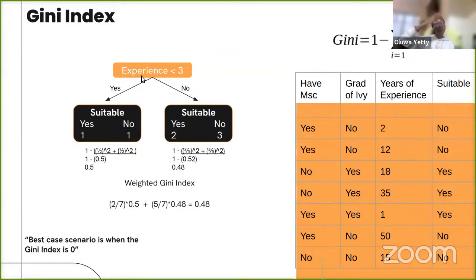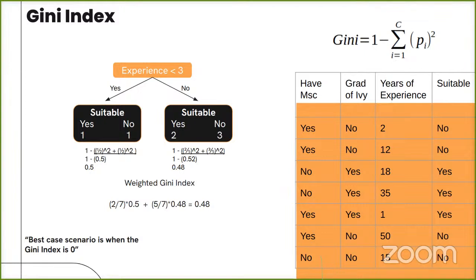It won't be confusing if I do many parts, but I want you to have it at the back of your mind that this could be experience greater than 35 and I'm calculating the same thing. How do I know the part that is the best? How do I know that it's when the experience is lesser than 3 that I should be checking, not when it is greater than 35? Does it make sense now?